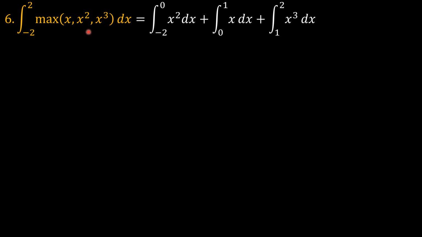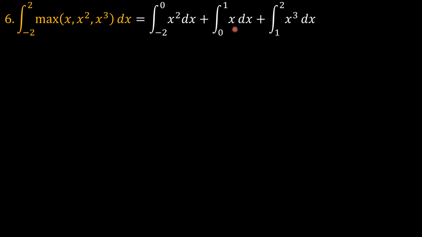So the maximum value out of this expression is going to be x squared. From 0 to 1, because these are values less than 1, the square and the cube of those values will be less than the actual value, so x tends to be maximum in that span.